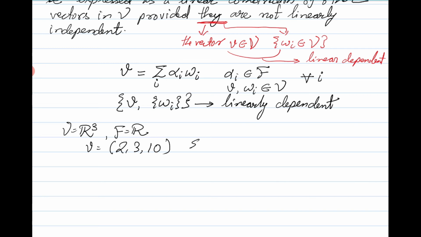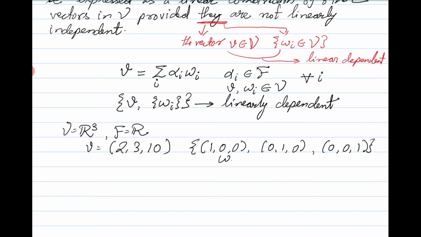Now consider the set of these vectors: 1, 0, 0, 0, 1, 0, and 0, 0, 1. In the three-dimensional space, you would normally label them as the x, y, and z axis correspondingly.